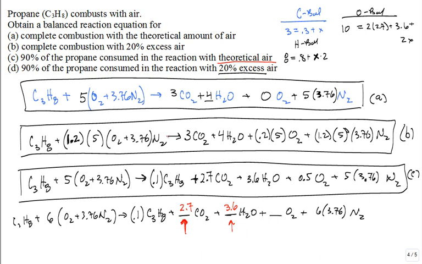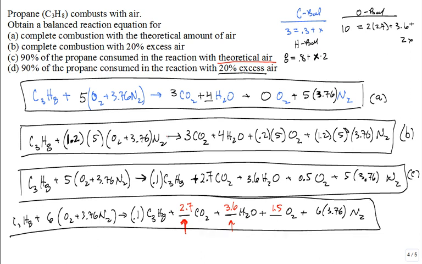So let's do the oxygen. So you have, what do you get? We got a 1.5. And we're done. D. Make sense?